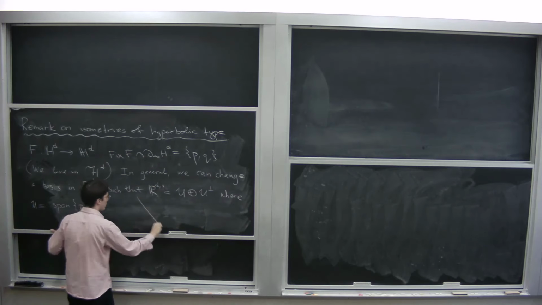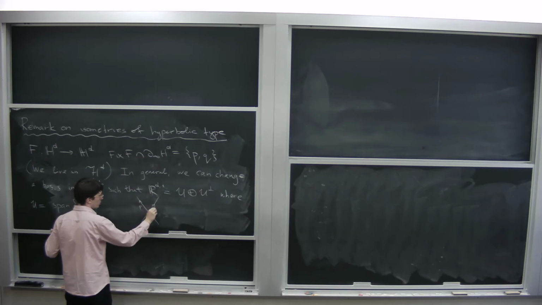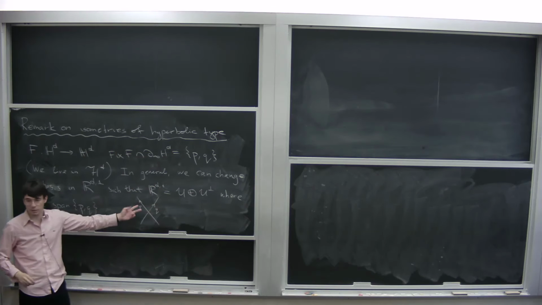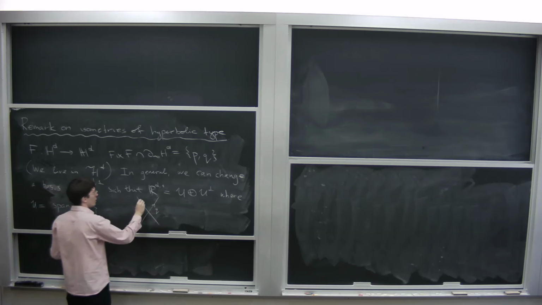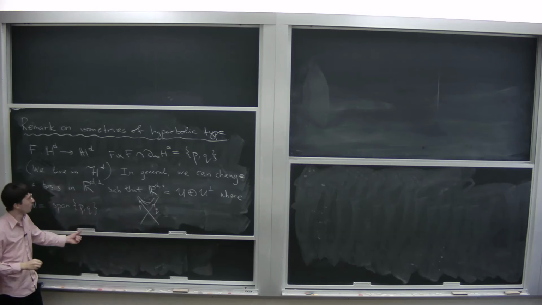So geometrically, I chose 2 points, P and Q, and this is definitely a two-dimensional plane. And this is my hyperboloid here.